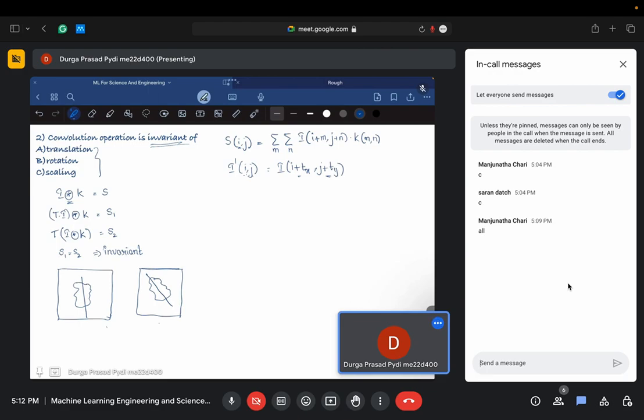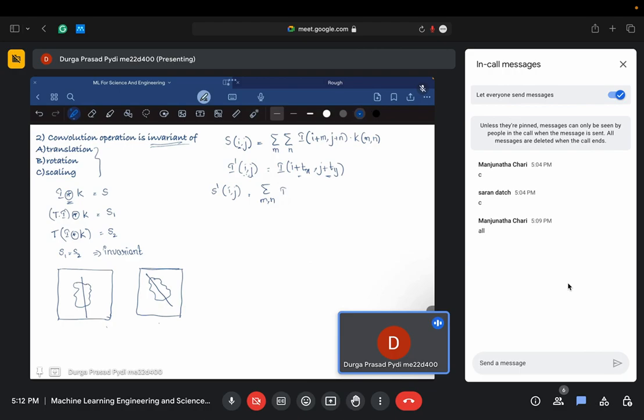Now if I do convolution on I prime, I get an image S prime, which is essentially a sigma, and I am just denoting one sigma with two indices here as shorthand, though ideally you should have two sigmas.